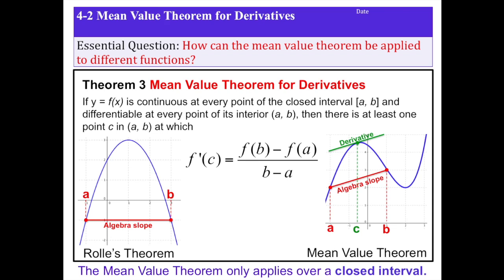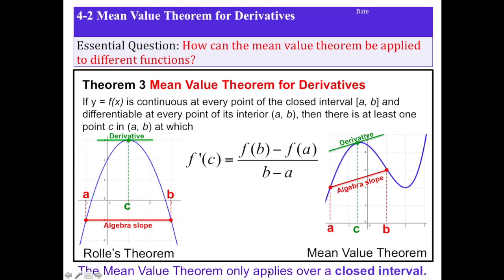And when the derivative equals 0, we find hills and valleys. So that's that location right there at the top of the hill, or the maximum. There is that location where our derivative is parallel to our algebra slope. It's the top of the hill, and it's at location c. That's kind of the summary of the mean value theorem.